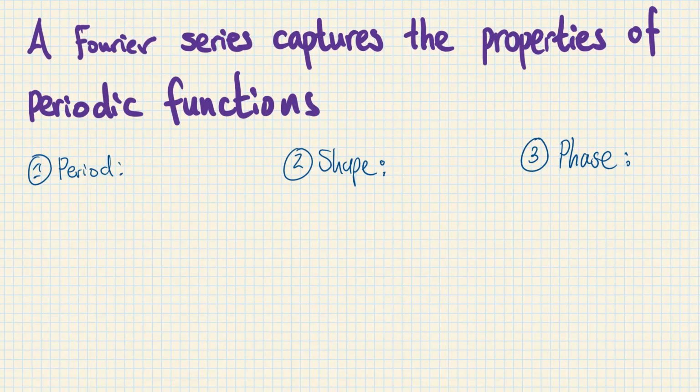The first problem we are going to concern ourselves with is how do we make the period of the Fourier series the same as the period of the function that we want to represent. And to do that, what we want to do is make the period of our cosine and sine terms the same as the period of the function that we want to represent.